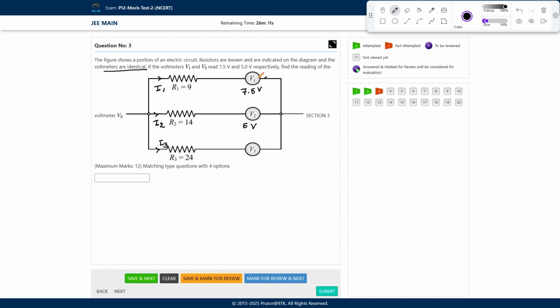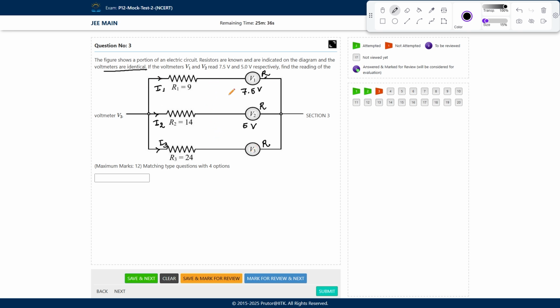So the net resistance in the upper section will be R1 plus R. Since all three branches are connected in parallel, this R1 and V1 is one branch, R2 and V2 the second branch, R3 and V3 the third branch.